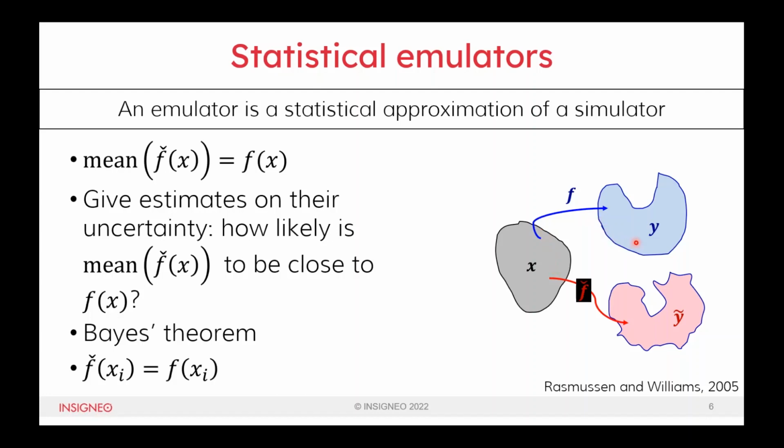When you develop an emulator, what you are really doing is developing an approximation of the simulator. In this case, it is this function f tilde here. The action of f tilde on the input parameter space produces an output space y tilde, which is similar to the target output space, but it's not exactly the same.